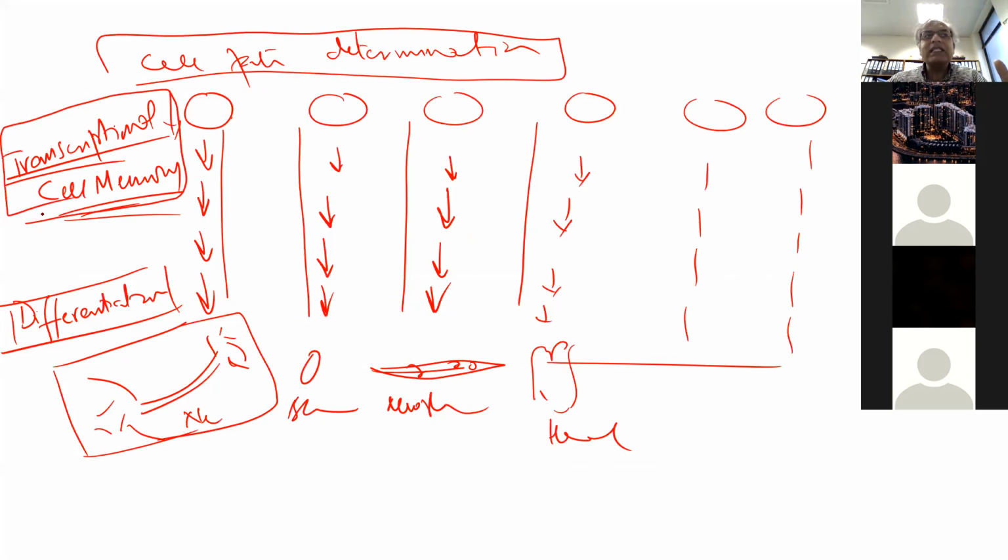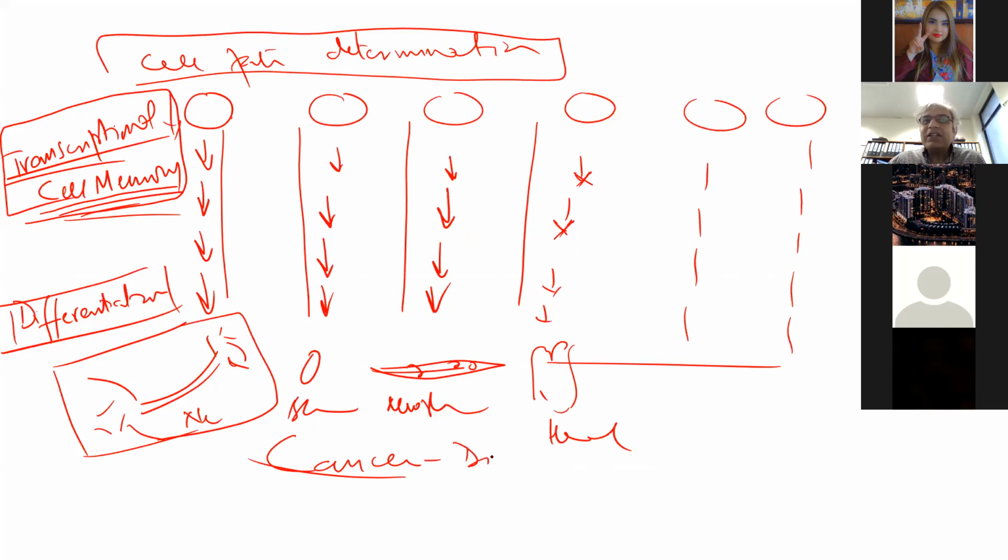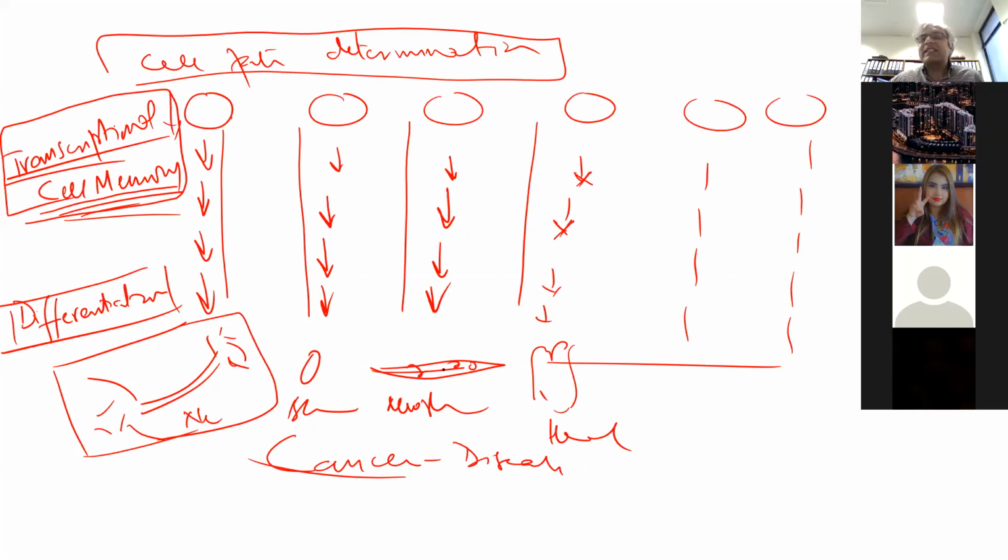Anyone would like to guess what can be the consequences of losing transcriptional cell memory in the life of a cell? It can be cancer. It can be disease. Because let's say a cell, my skin cell, this is differentiated.